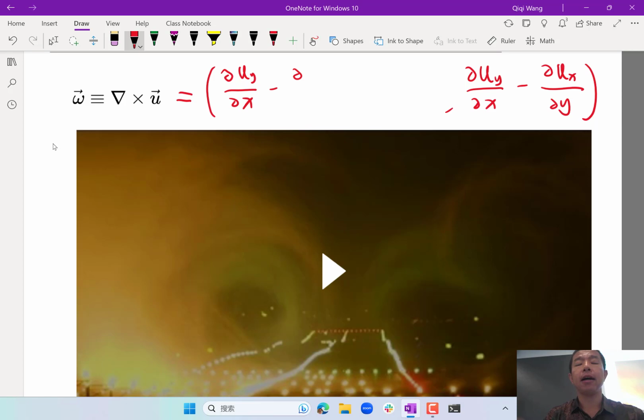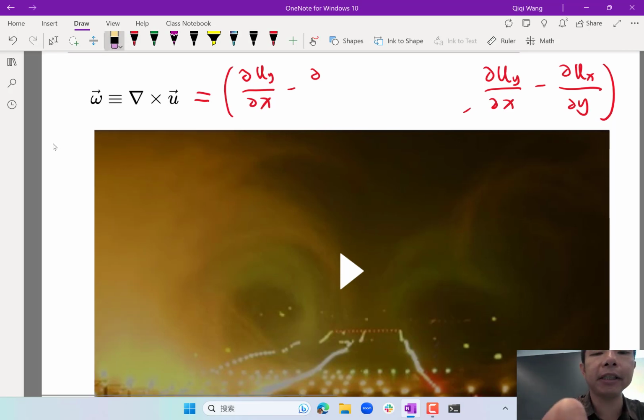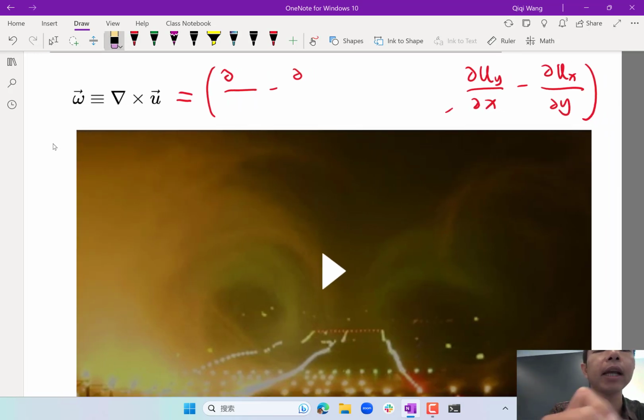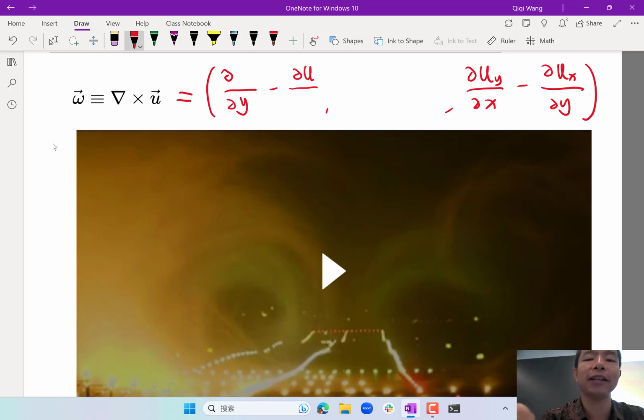So this is the z component, and correspondingly the x and y components are the subtraction of these kinds of cross derivatives. We can just circle around: if this has a dy, we have the derivative of uy here, and over here it's uz and dz.